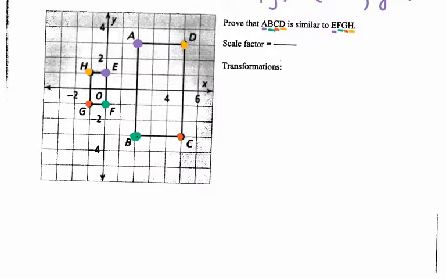So now I'm going to find the scale factor. I need to match up sides. Here I have AD matching with EH. AD is 3 units long.